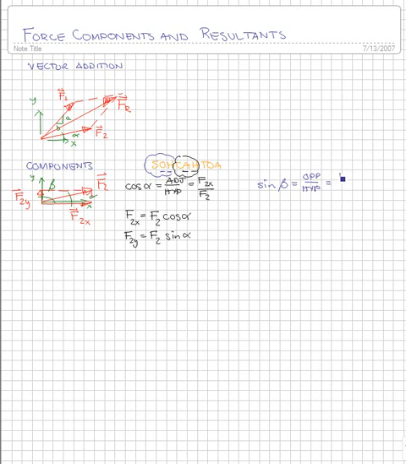In terms of this force, that's F2x divided by F2, or in other words, the force in the x direction would be equal to the magnitude of the original force times the sine of that angle beta, and we could continue that along with the y component of the force being the magnitude of the original force times the cosine of beta. Now, regardless of which way you choose, looking at angle alpha or angle beta, you're going to end up with the same numerical result.